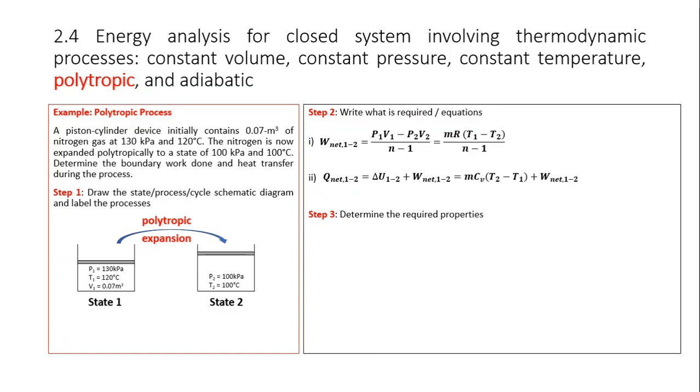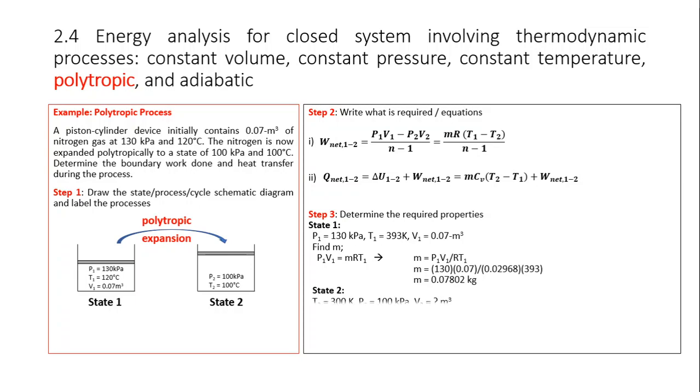For step 3, based on the equation, we try to find the required properties at each of the states. So for state 1, we can calculate the value for mass, which is required in the equation. And for state 2, we can calculate the value for V, the volume, which is also required in the question.